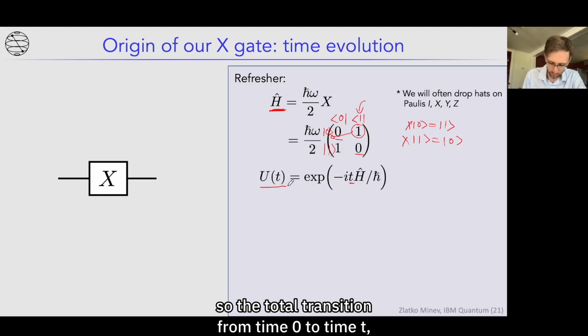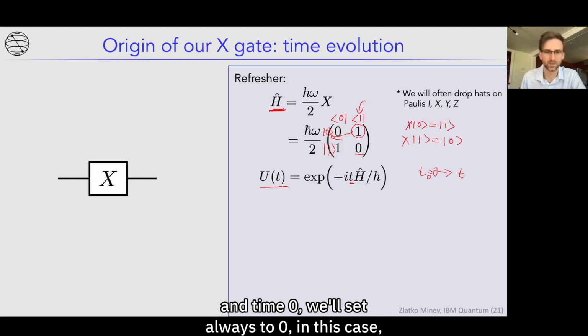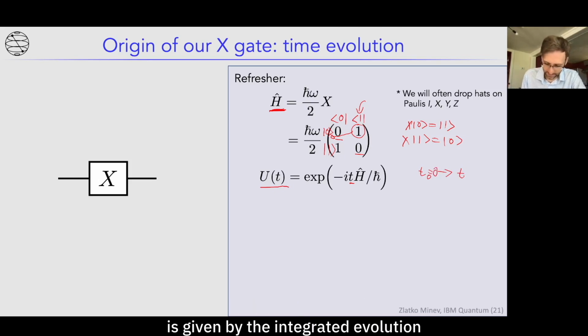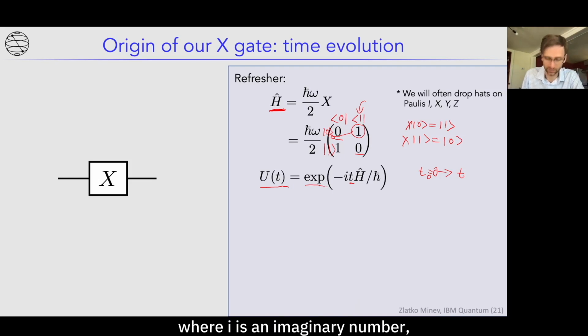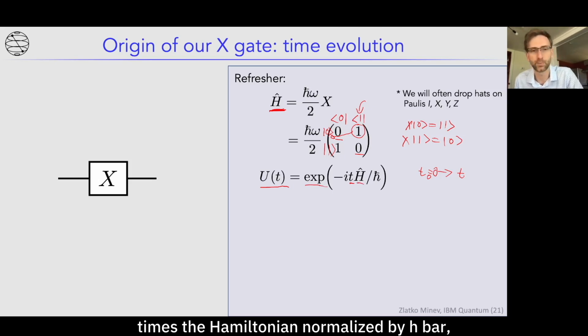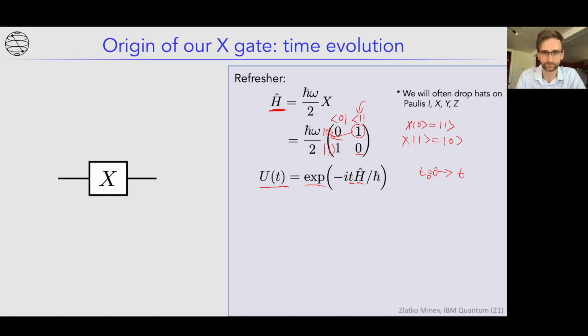So the total transition from time 0 to time t, and time 0 we'll set always to 0 in this case, is given by the integrated evolution of the Hamiltonian, which is just going to be the exponential of minus i, where i is the imaginary number, times t, that's the total time, times the Hamiltonian normalized by h bar, as this has to be dimensionless.